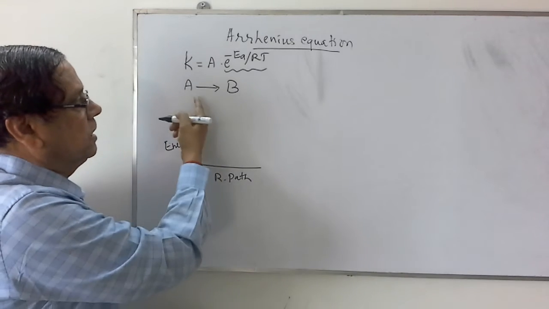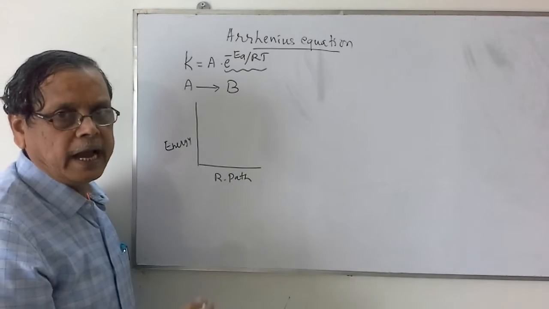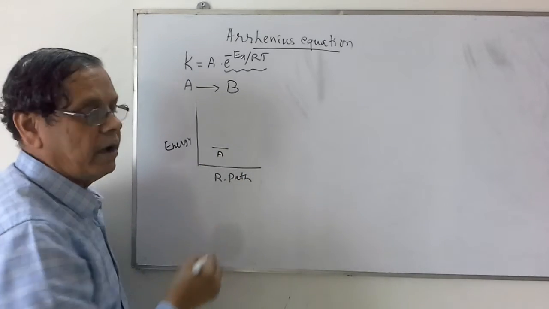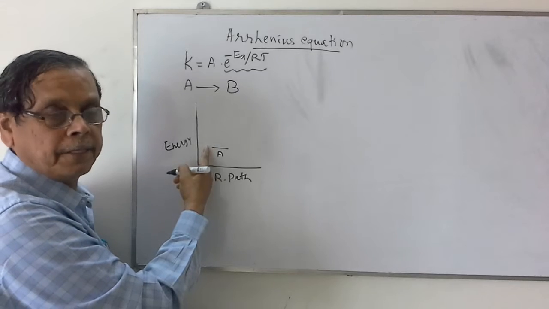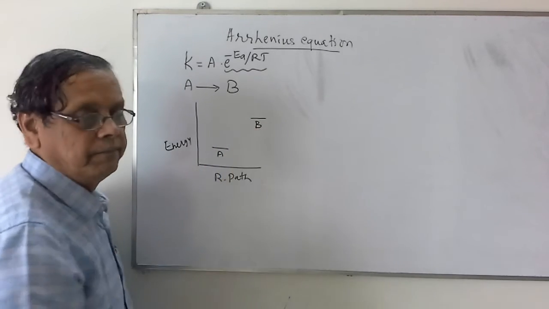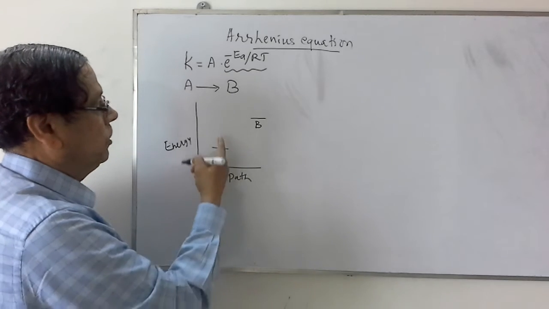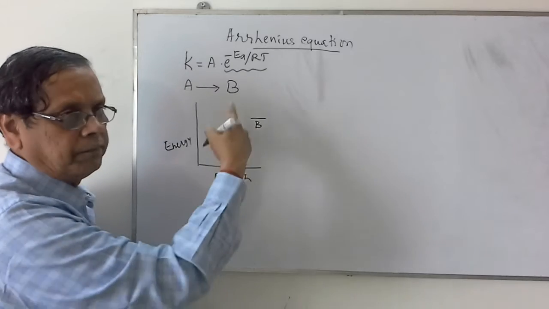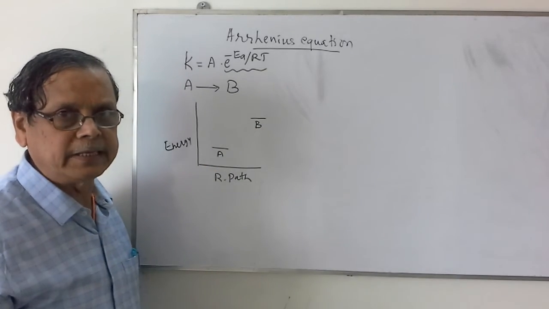When we consider this reactant and product having different energies, assume that this is the reactant A having energy equal to this much. Then assume that the product is having the higher energy, then we know that A is converted to B, but not directly, it follows a certain mechanism.